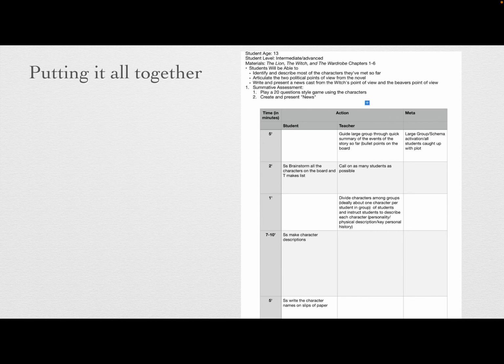The activities that I've chosen here could all easily be adapted for lower level learners. Rather, it's more the level of independence that this lesson reflects in terms of it being for advanced students.